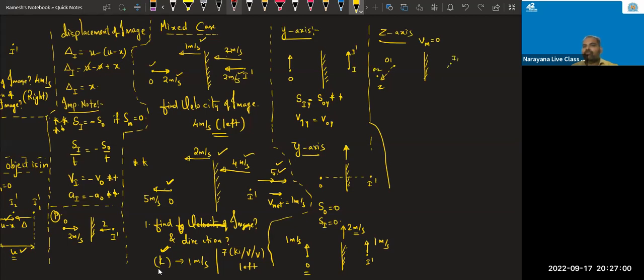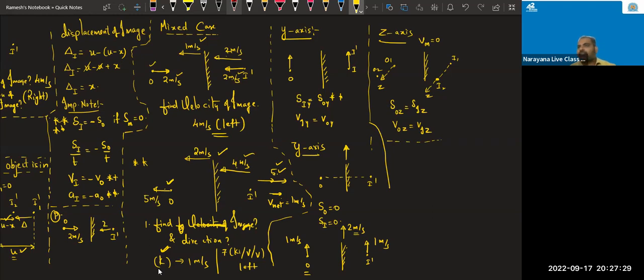The image also displaces from I1 to I2 along the z-axis. Displacement of the object along the z-axis equals displacement of the image along the z-axis. Means if you differentiate, the velocity of the object along the z-axis equals the velocity of the image along the z-axis. Yes or no? Understood or not understood?